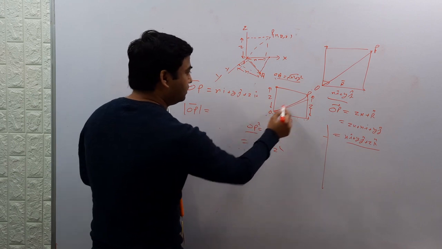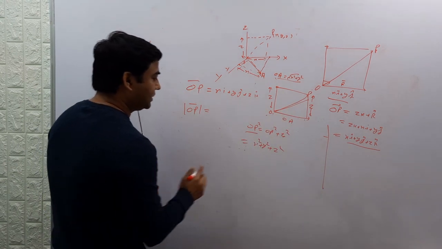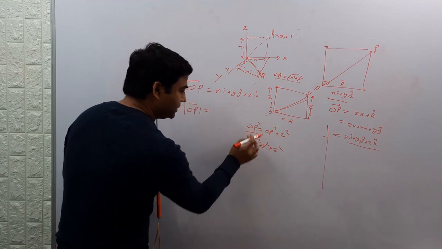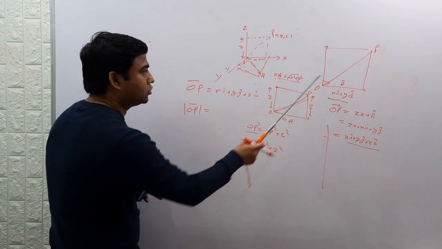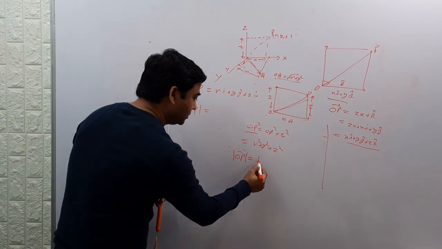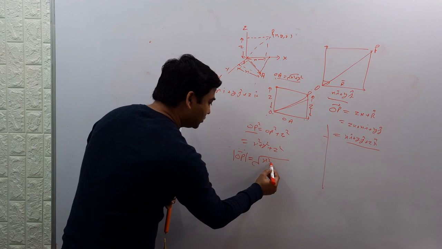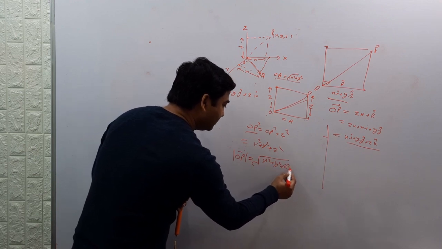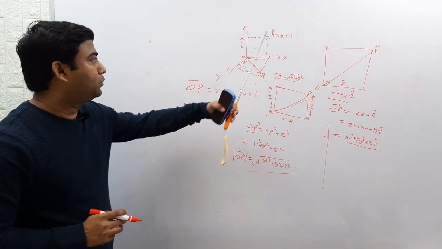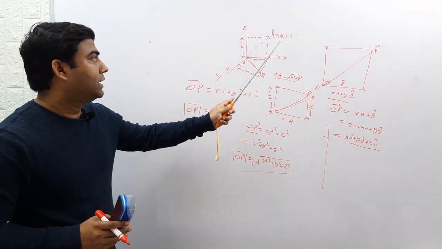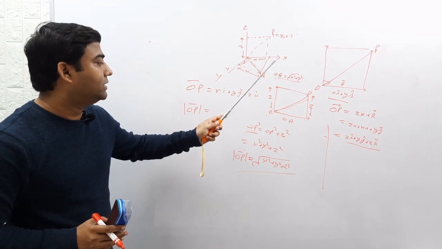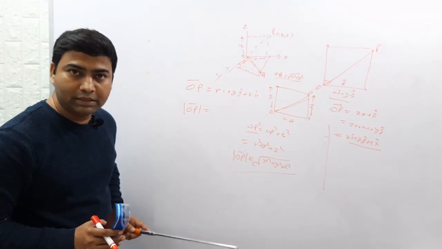So OP is the magnitude of vector OP. The magnitude of vector OP is this distance. We have calculated the distance of point P from the origin. That distance will be the magnitude. So the magnitude will be under root x square plus y square plus z square. So we have seen that for a particular point having coordinates x, y, z, its distance from the origin is under root x square plus y square plus z square.